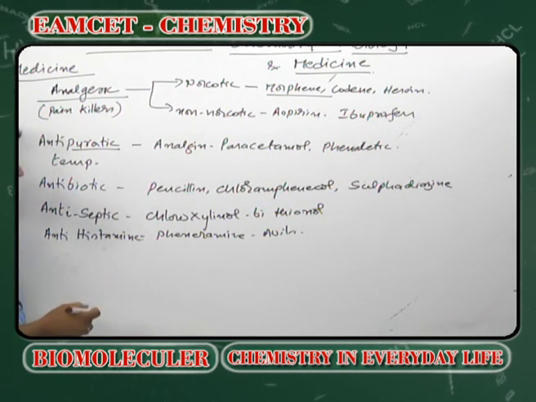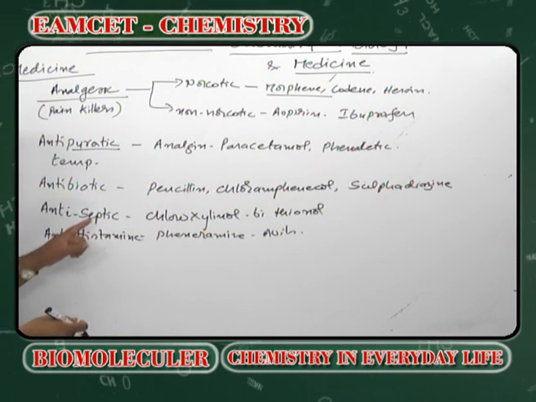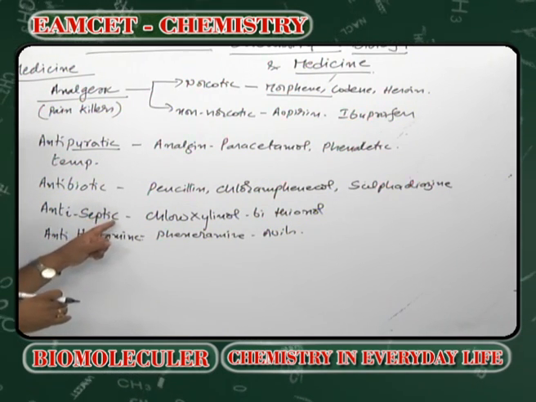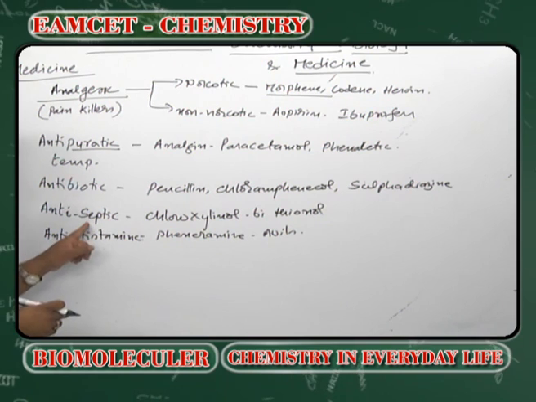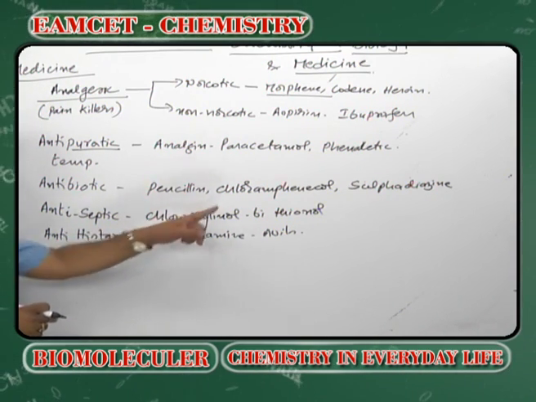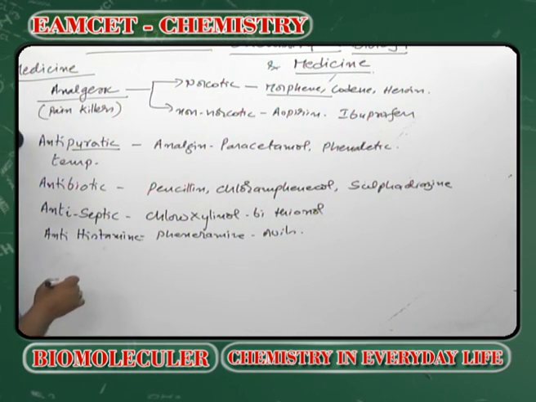Antihistamine means they treat rashes and all such allergic reactions. Septic means in the body, if there is a cut or so, it can lead to an attack by fungal material or biological organisms. In such a case, antiseptics kill that.